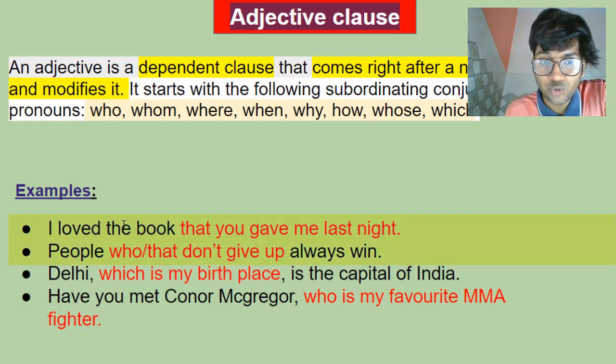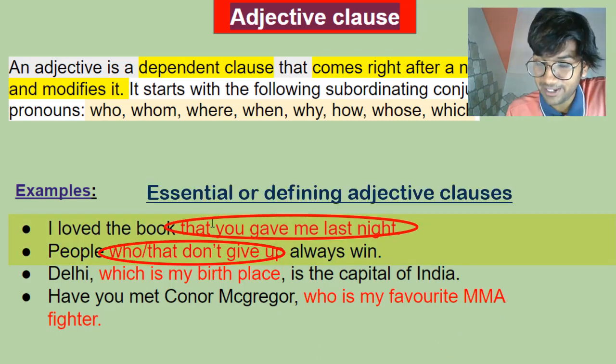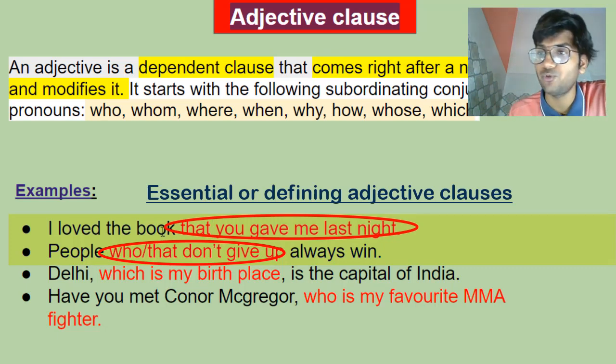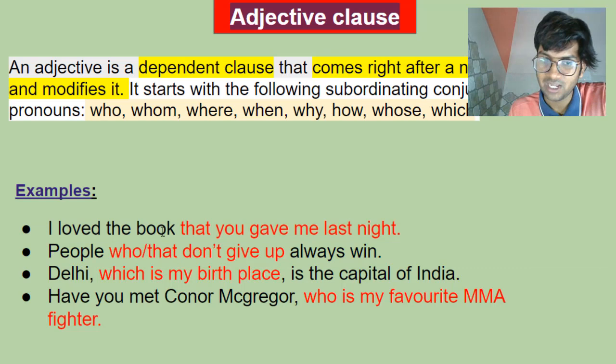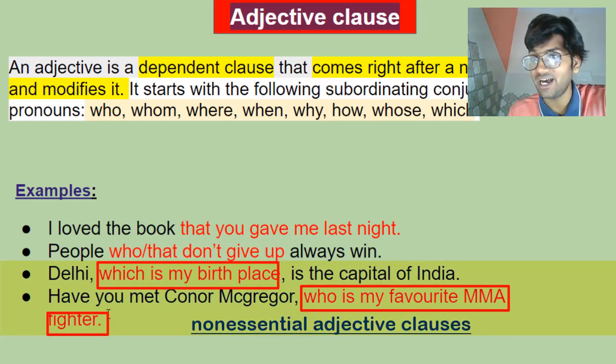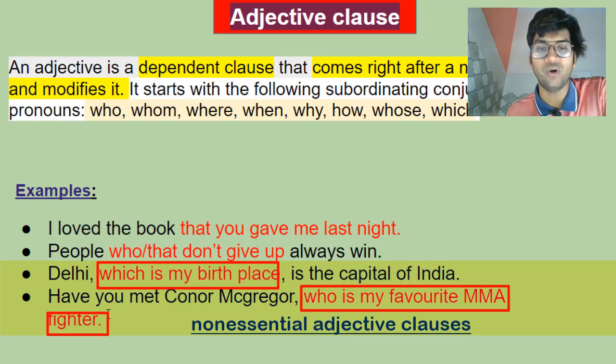So guys, in the first two examples, our adjective clauses are essential, defining, right? These are giving information that's needed to identify the noun or pronoun they're modifying. But in the last two examples, our adjective clauses are non-essential, non-defining, since they're giving extra information about the noun or the pronoun they're modifying.